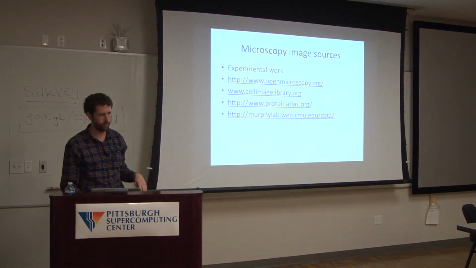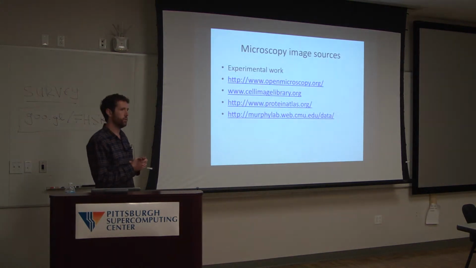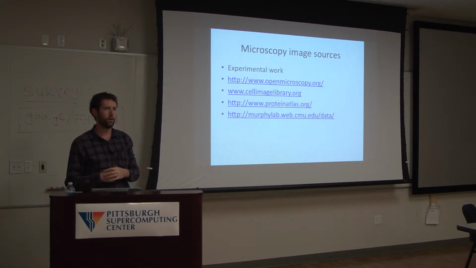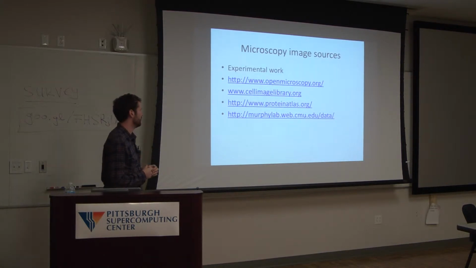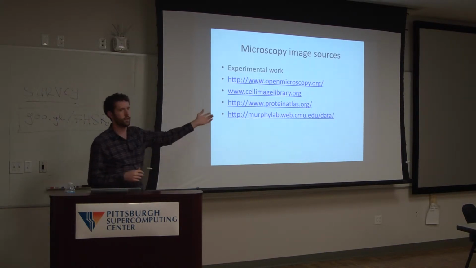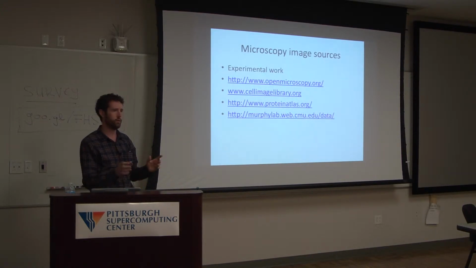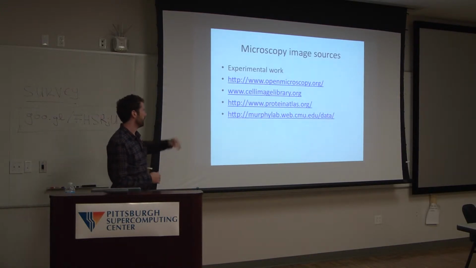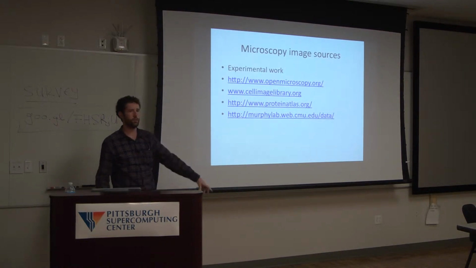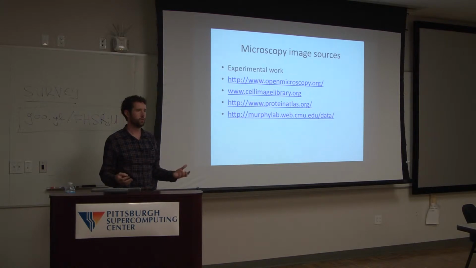Okay? So a lot of you are maybe not in the field of microscopy, or even if you are, it's a good idea to take a look at some of these resources. These slides are going to be published online for you to look at later, so don't worry about scribbling this down. But these are just some resources that you can go to that have these fluorescent image databases for you to start looking at and seeing if you can find images that match the problem you're interested in.